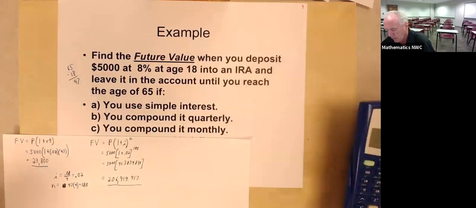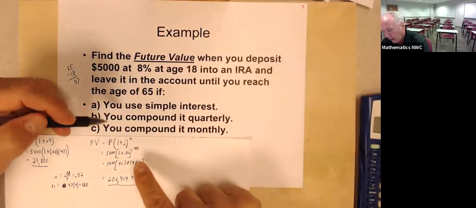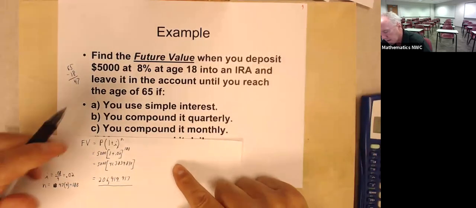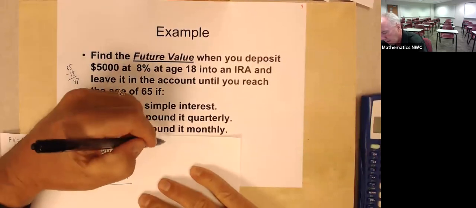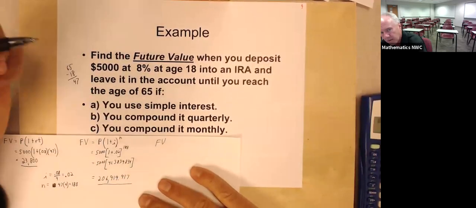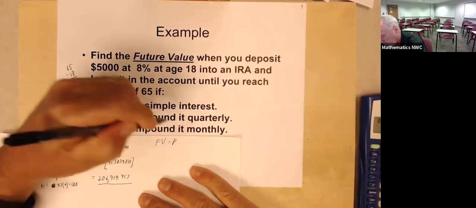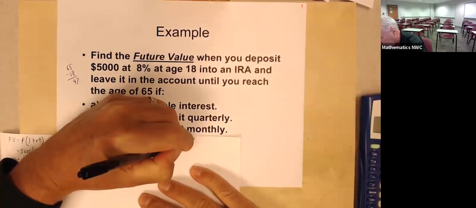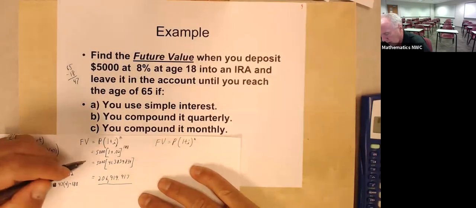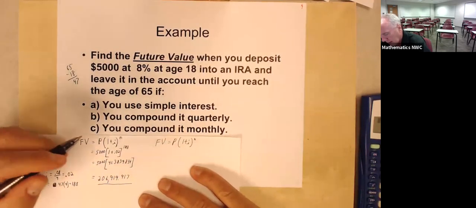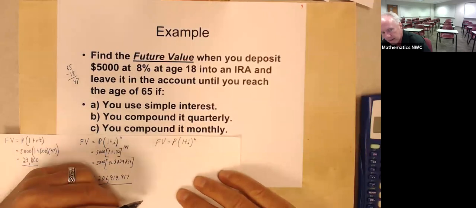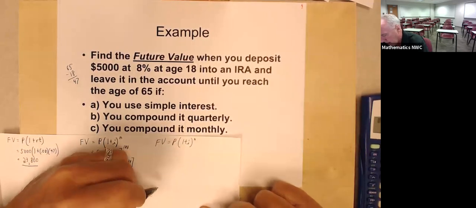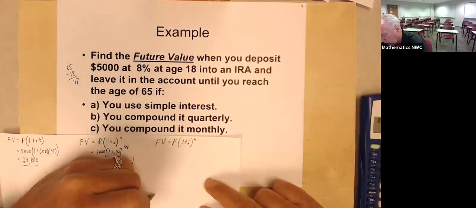If it's compounded monthly, I would take my same formula. It again is the future value equal to my principal times 1 plus I raised to the nth power. My I is not going to be quite as nice this time. I'll put it down here. It's the yearly rate, 0.08.